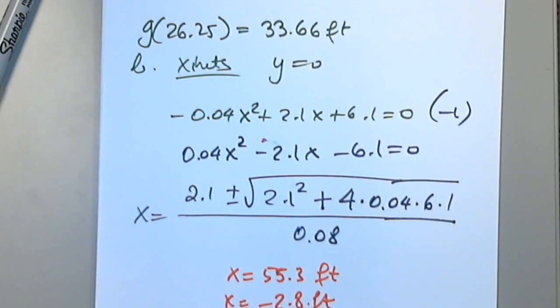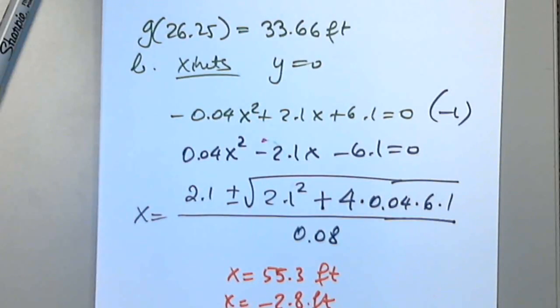And then you will get that 55.3. And if you want to do second entry, then you just go back and change the plus in front of the square root into a minus. And it gives you the other one.